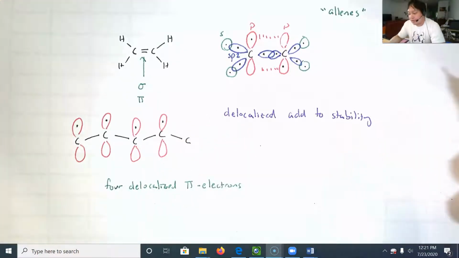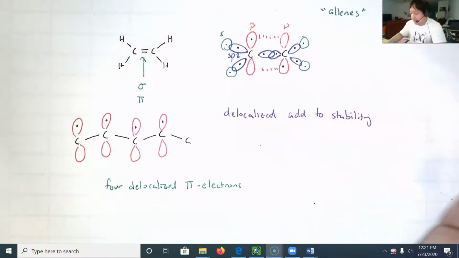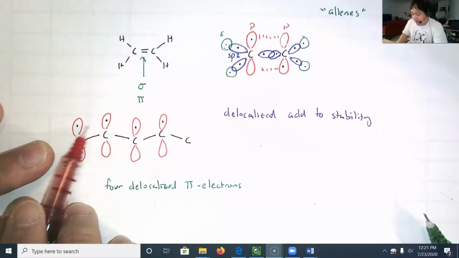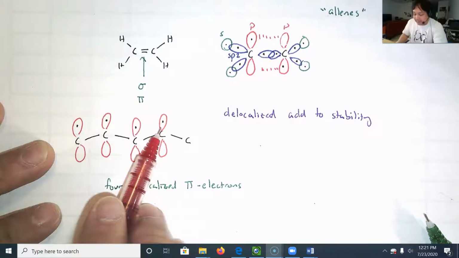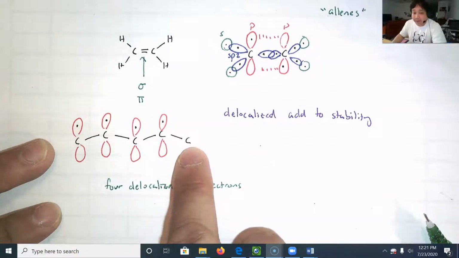Now, am I going to show delocalization with resonance? You could, but really it's just a very loose containment of these 4 electrons that are going up and down the system, up and down the carbon chain. Not this carbon though, right? This carbon is sp3.